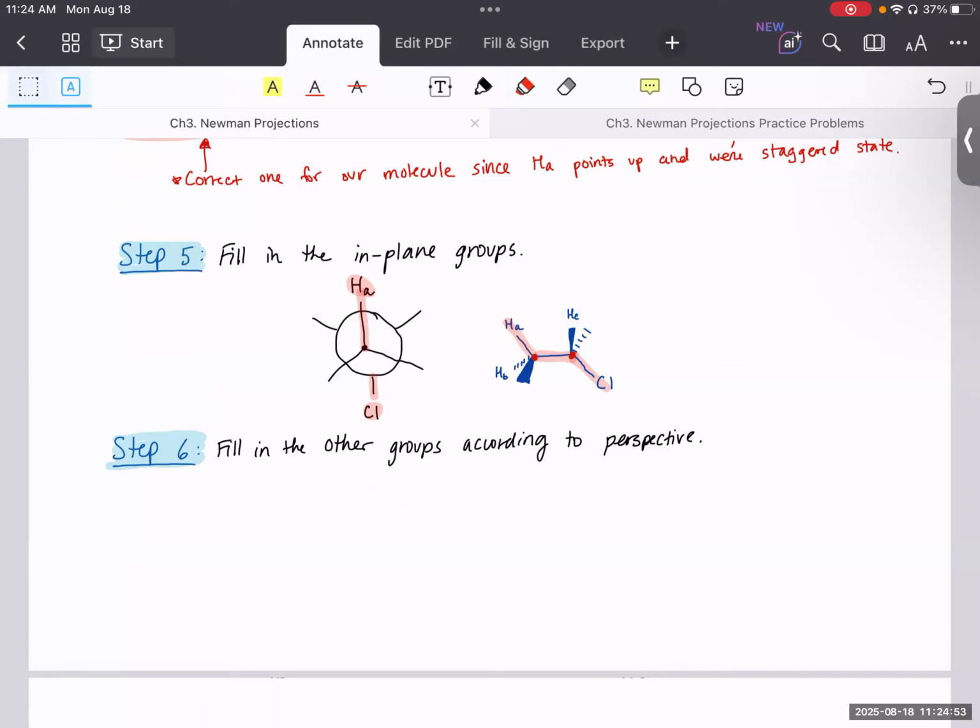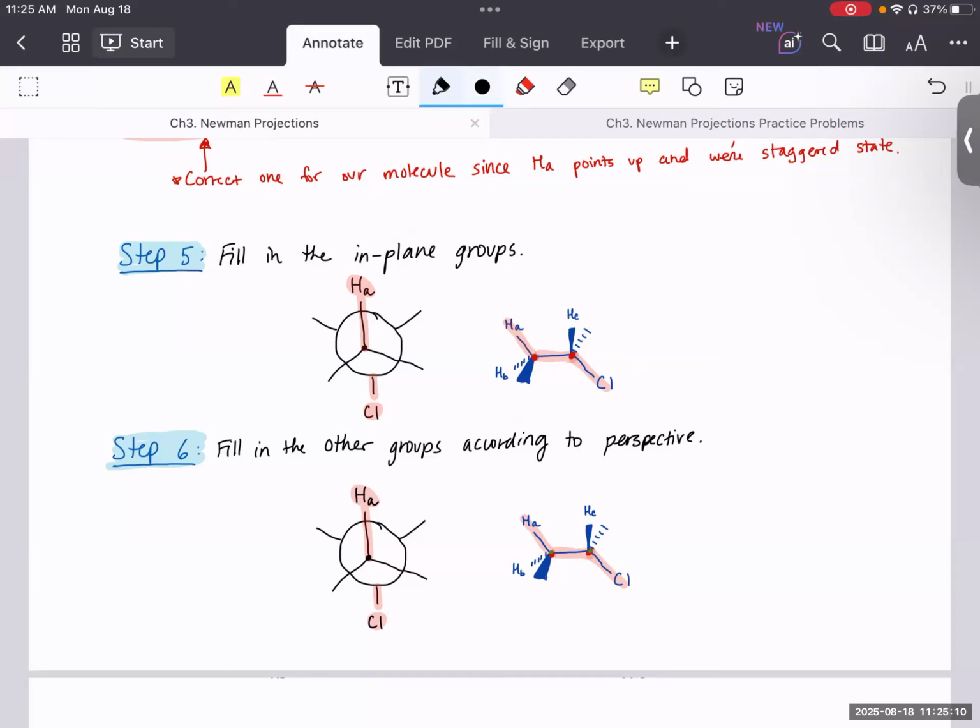All right, next we want to fill in the rest of the groups based off the perspective. And this part is a little bit trickier. There's not really a set of rules that you can directly follow. It's more so just visualizing it. And if you have a molecular modeling kit, it might help to do this.